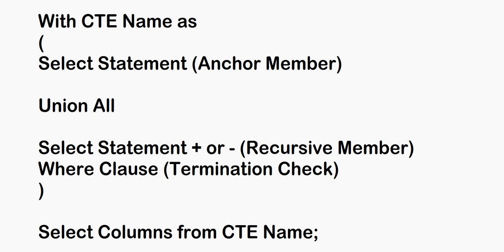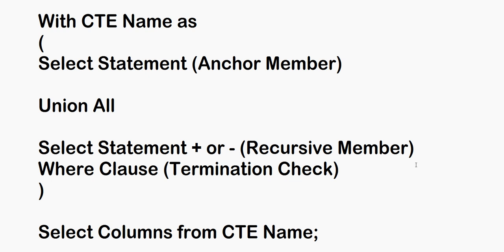The standard format for a recursive CTE starts with the WITH statement and the recursive CTE name, the keyword AS, open parentheses, a SELECT statement where you put in the anchor member, then the UNION ALL operator, and then a SELECT statement for your recursive member, where you can go plus or minus, or backwards or forwards.